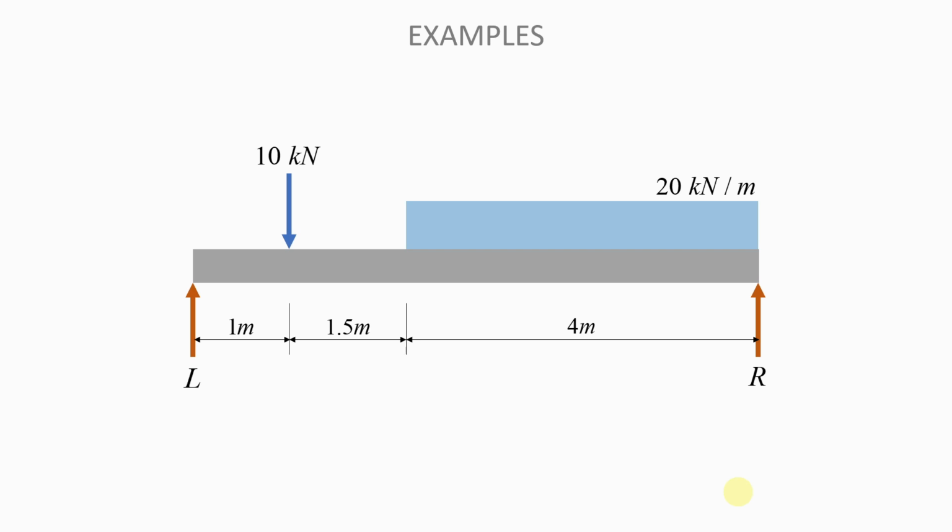So we have a force of 10 kilonewtons acting on the beam here, and then a uniformly distributed load acting over this length of 4 meters. The magnitude of the uniformly distributed load is 20 kilonewtons per meter. The beam is loaded like that, and they ask you to draw the shear force and bending moment diagram for this beam. So how will you do that?